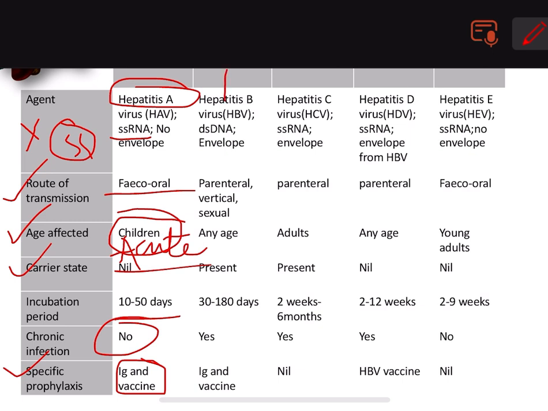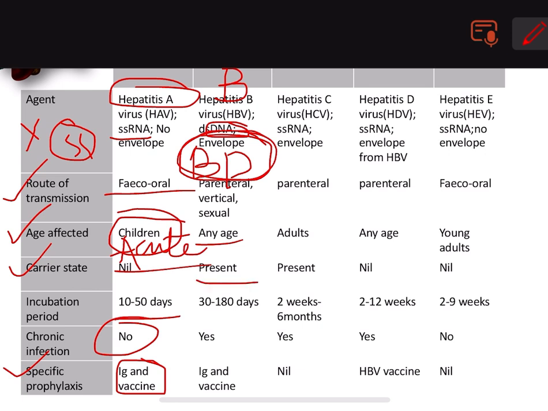Then let's discuss hepatitis B. Hepatitis B is a DNA virus, okay? BD. It is enveloped. The route of transmission is parenteral, vertical, sexual transmission, etc. It can affect any age, and the carrier state is present.